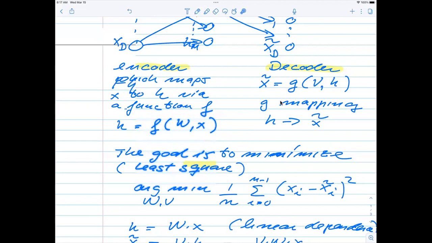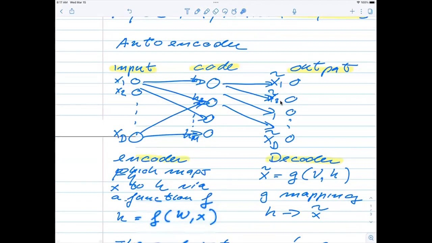One way this is done is to constrain h to have a smaller dimension than x. If we go back here, you see that x has a dimension d, and here we put h to have a dimension m, and normally we would try to have m much, much smaller than the dimension d.